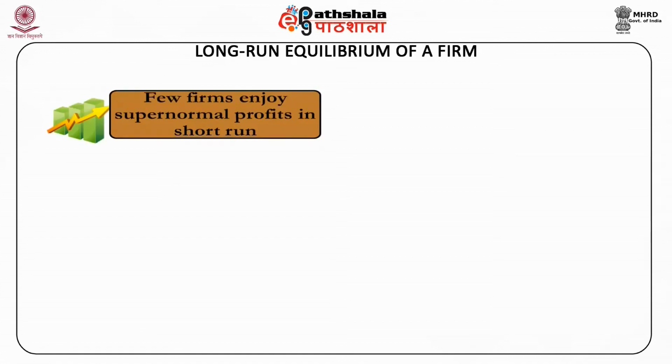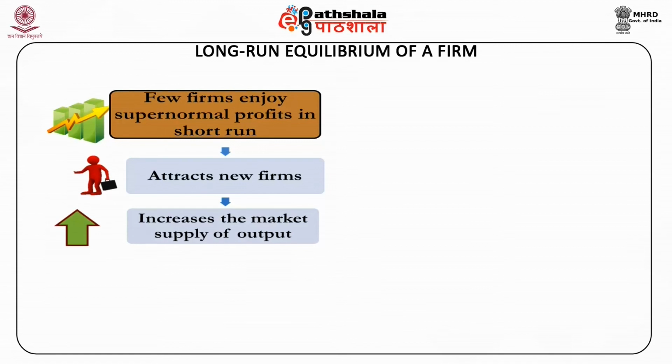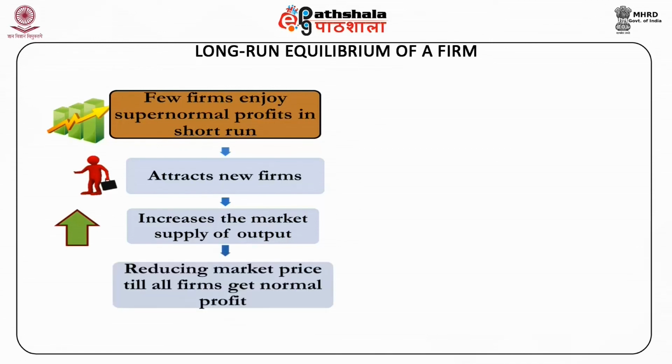The supernormal profits enjoyed by few firms in the short run attract new firms into the industry. This increases the market supply of output in the long run and thus leads to lower market price until all firms get normal profit, resulting in a no profit, no loss situation.